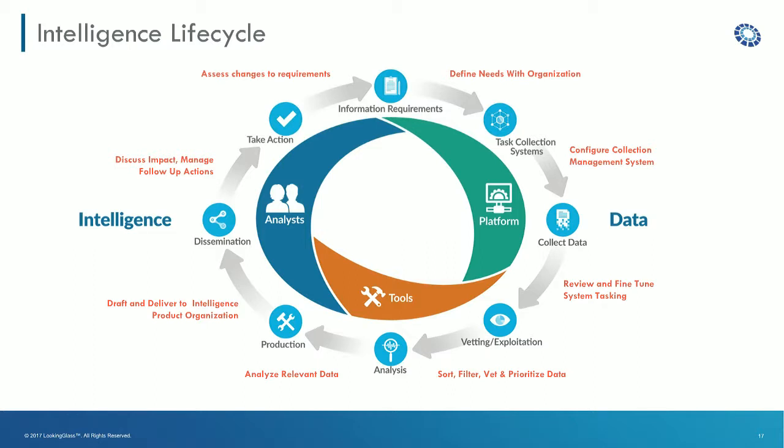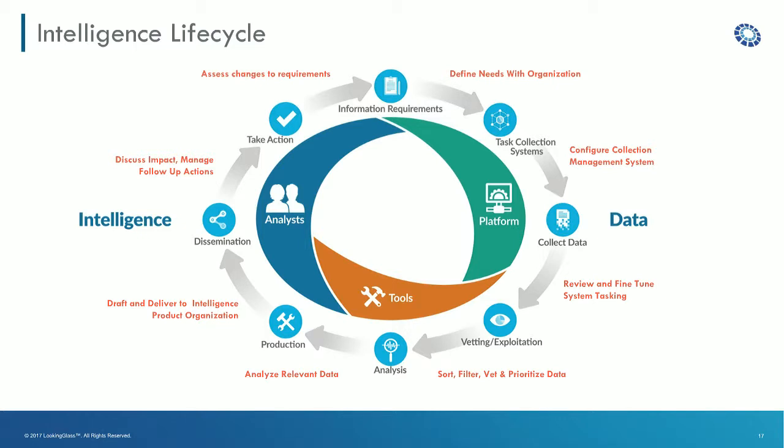And you will note that it's not just about data, it's about the platforms and the tools and the people that are involved in that entire process. And that's where in our framework, we are going to touch on all aspects of this.